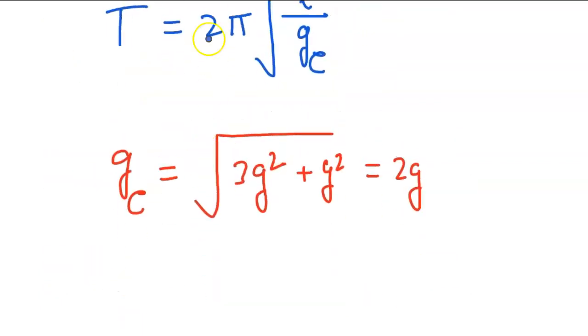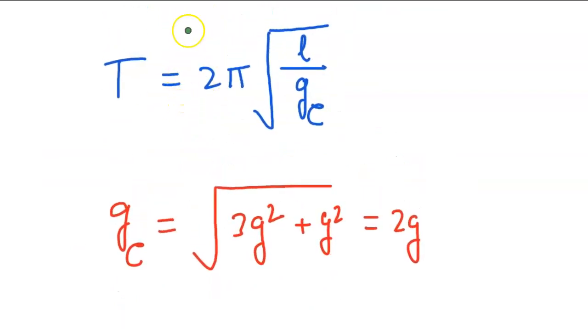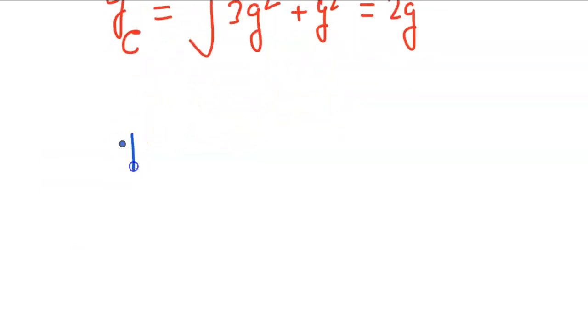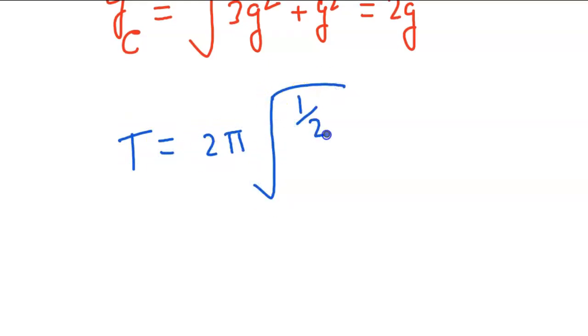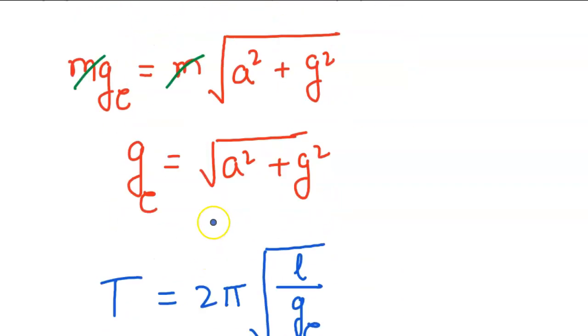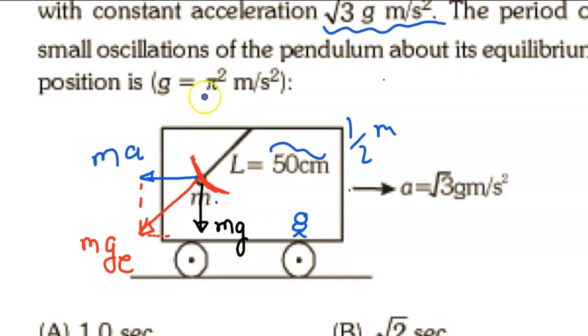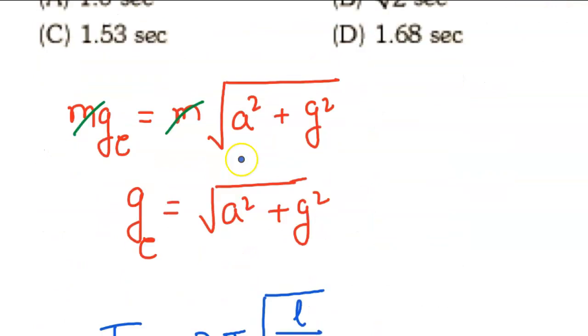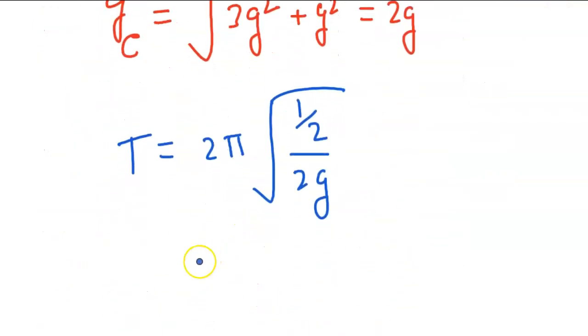So put all these values in the formula of time period, that is 2 pi under root L upon g effective. T is equal to 2 pi under root, L is half, and g effective is 2g. It is given in the question that you can take g is equal to pi square.